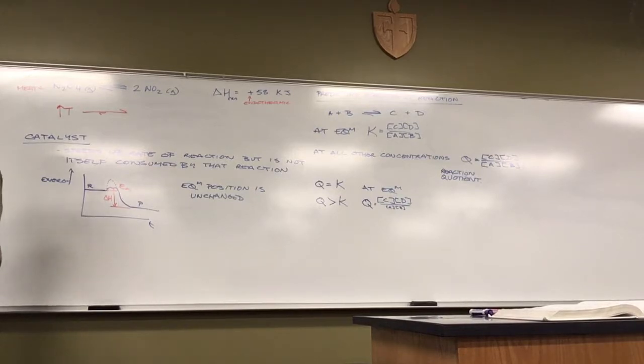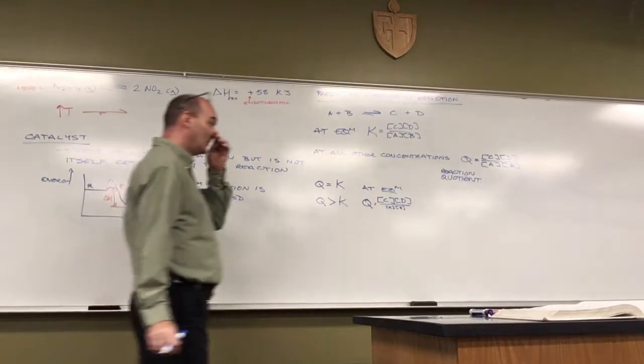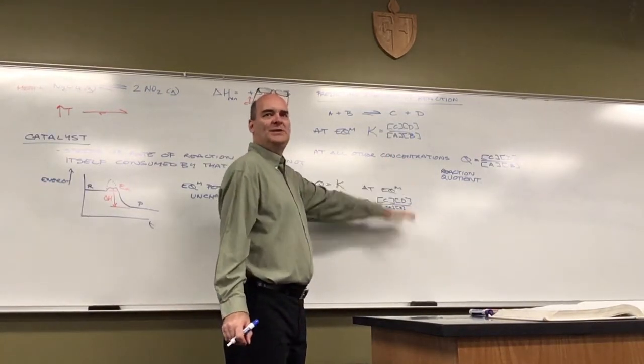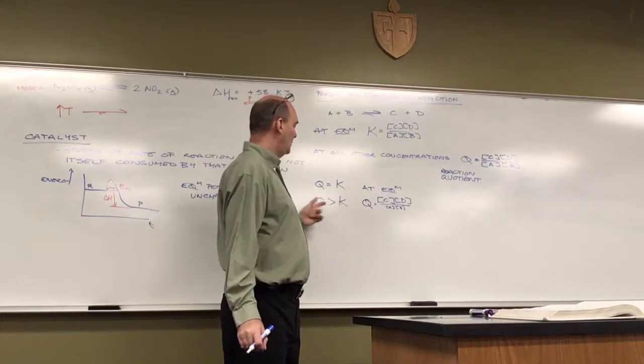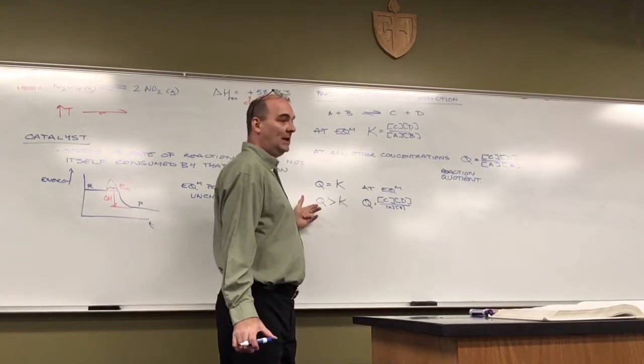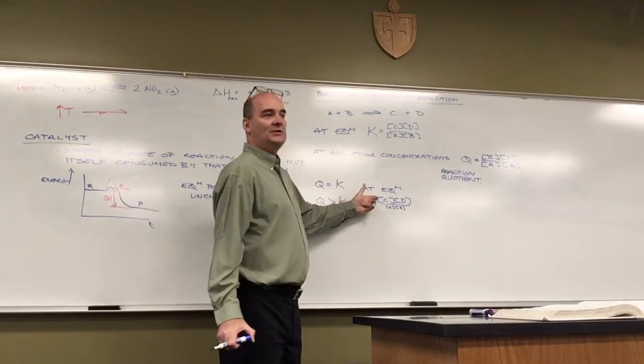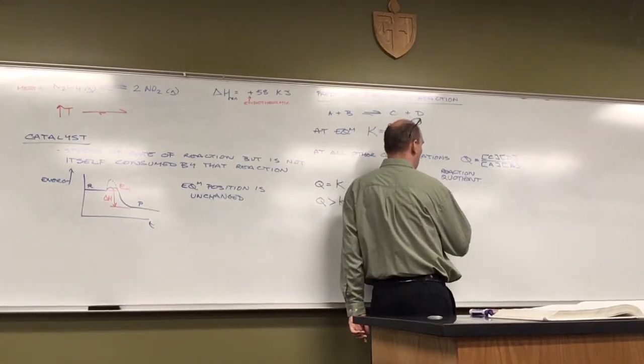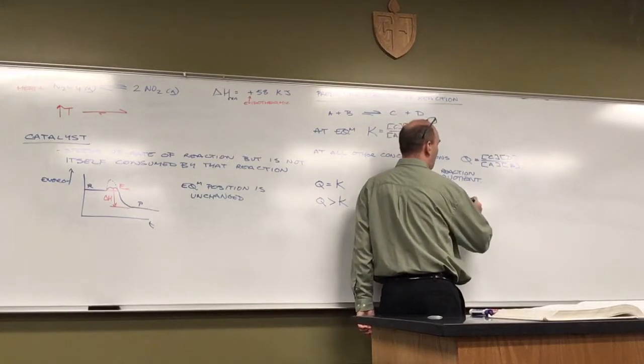The top part of my ratio, my quotient just means number divided by another number, just means fraction. So when Q is big, that's because it's top heavy. That means too many products.